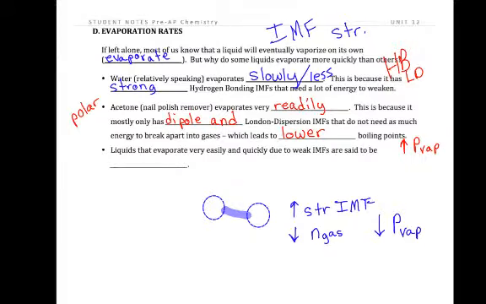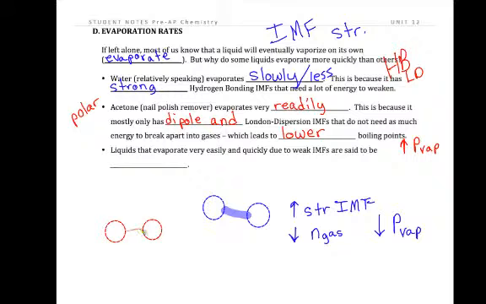So let's go back to our example. I'll do the acetone in red. So here's one acetone molecule. Here's another acetone molecule. Now this time we have dipole and London dispersion forces of attraction, and they're going to be weaker.